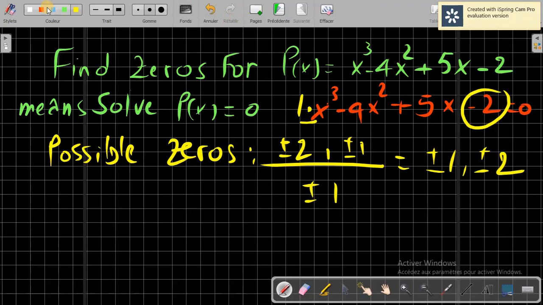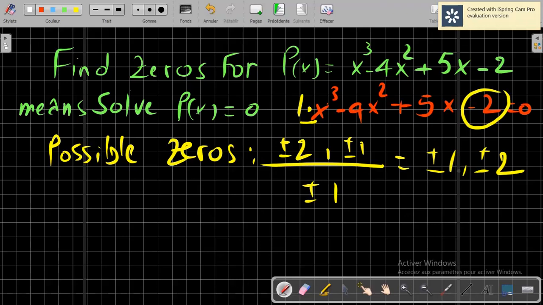So what we have to plug in are these four values of x, plus minus 1 and plus minus 2, to find out which ones are real zeros. I invite you to use synthetic substitution to find which ones are the real zeros.